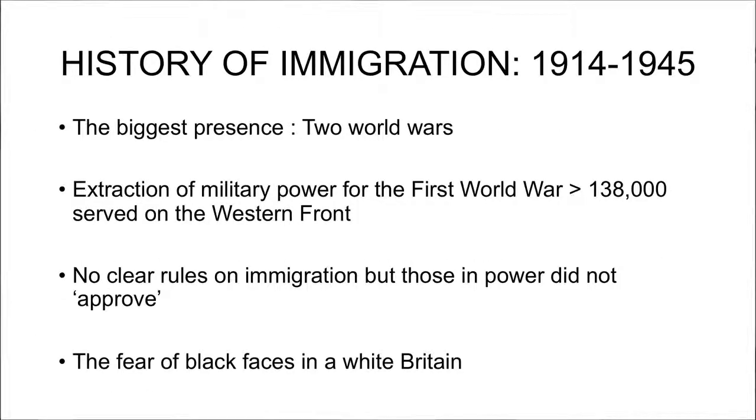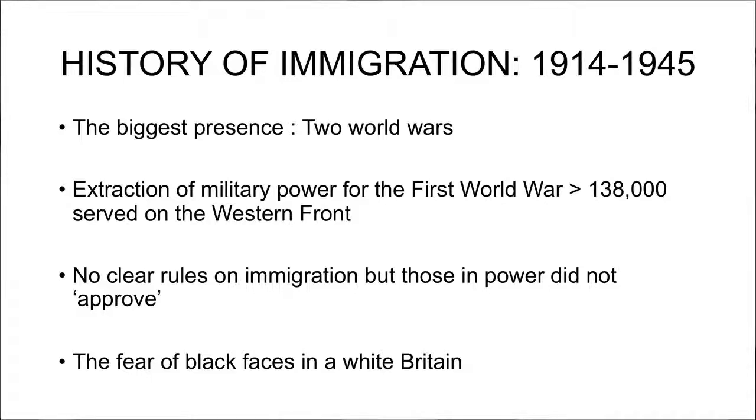So by 1940 and 1945, the biggest driver of immigration was the two world wars. There was a huge labour shortage, which meant that the empire had to get labour power from somewhere, and they began to look towards the Asian subcontinent.